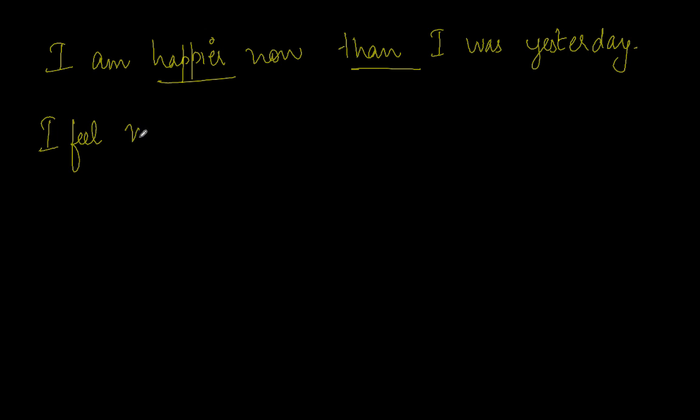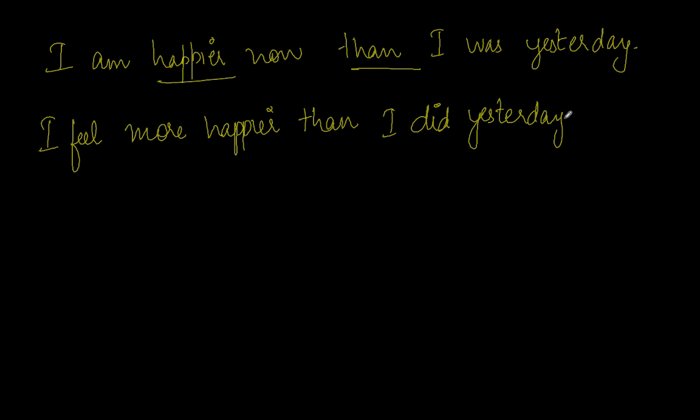I feel more happier than I did yesterday. What do you think? Is this a correct sentence or a wrong sentence? This is a sentence that uses an extra word. When we can already convert happy to happier, you don't need to use more. So the correct sentence should just say happier than.